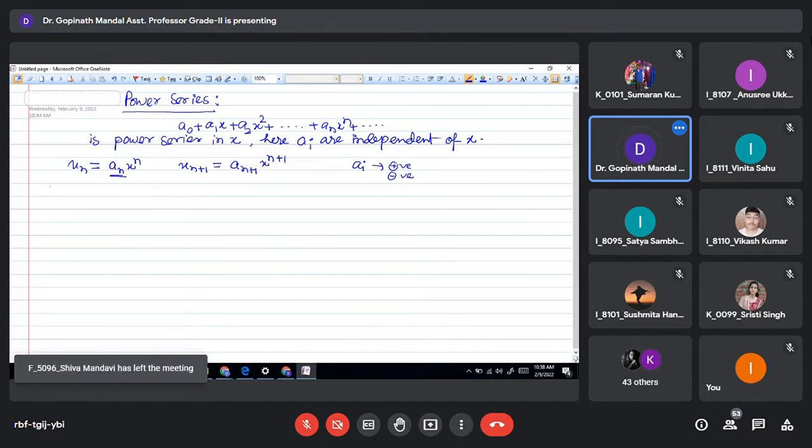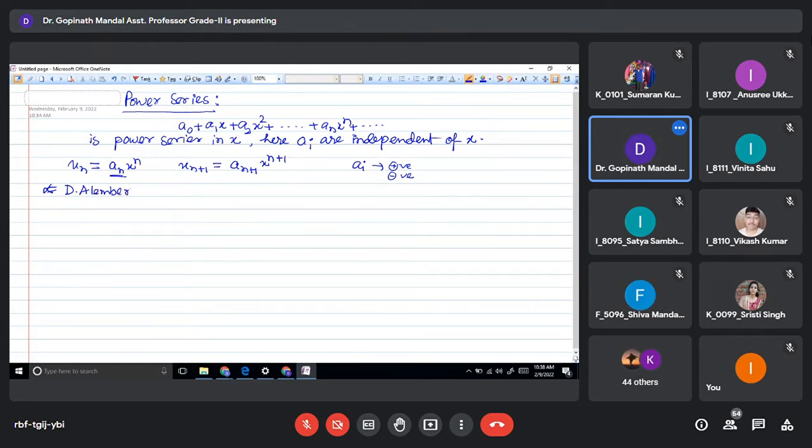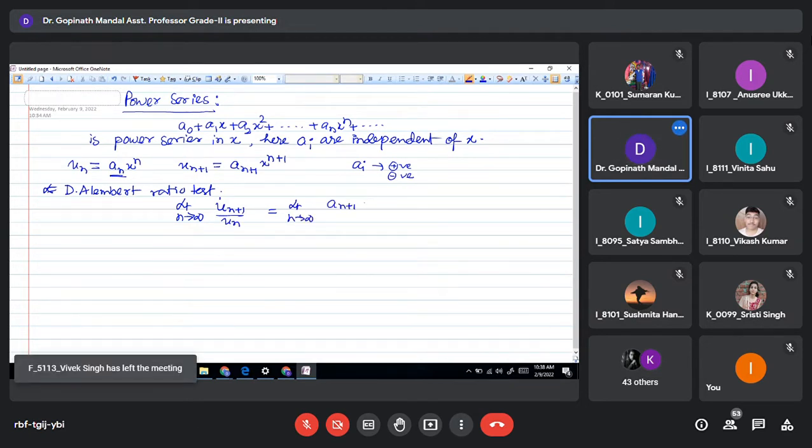Now, by D'Alembert ratio test, limit n tending to infinity un plus 1 by un is equal to limit n tending to infinity an plus 1 x to the power n plus 1 by an x to the power n.